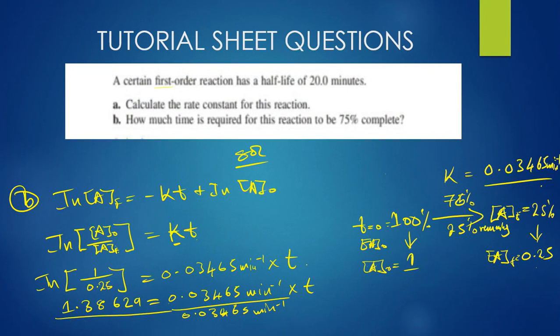Okay, sorry for that. So after dividing this side and this side, 1.38629 divided by 0.03465 per minute, your time will be 40 minutes. Your time will be 40 minutes, like that. So sorry, here I'm at the challenge, so I'm sure you know what's happening here.